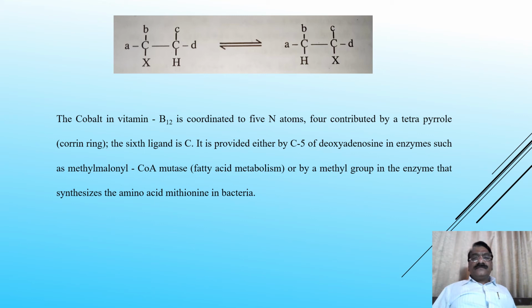It is provided either by C5 of deoxyadenosyl in enzymes such as methylmalonyl CoA mutase, in fatty acid metabolism, or by a methyl group in the enzyme that synthesizes the amino acid methionine in bacteria.